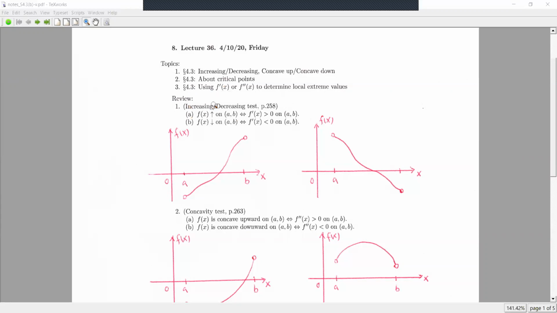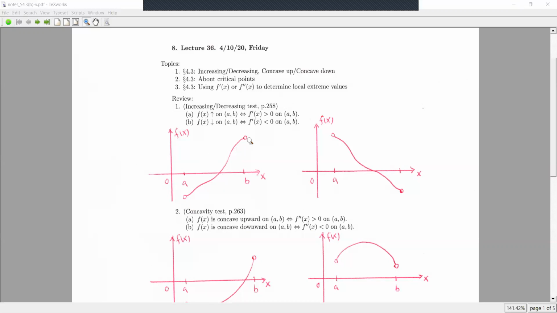Take a review first. Number 1, increasing, decreasing test. A curve is increasing on some interval if and only if derivative is positive everywhere on the interval. Here, we have an increasing curve.